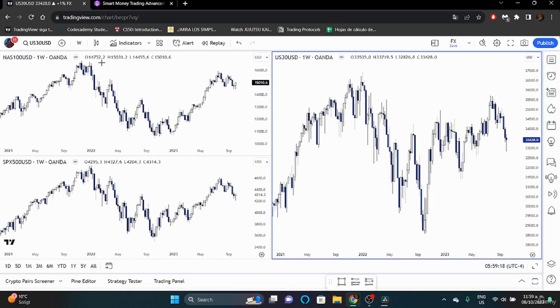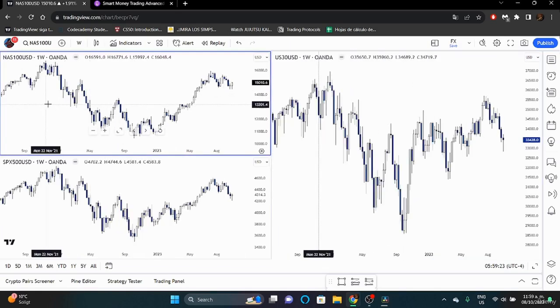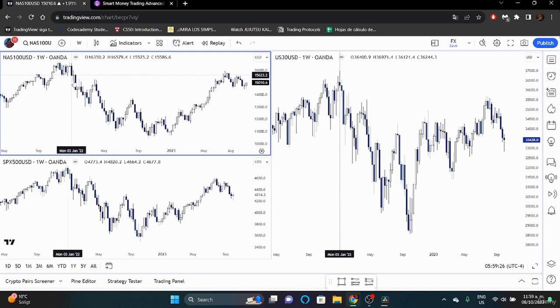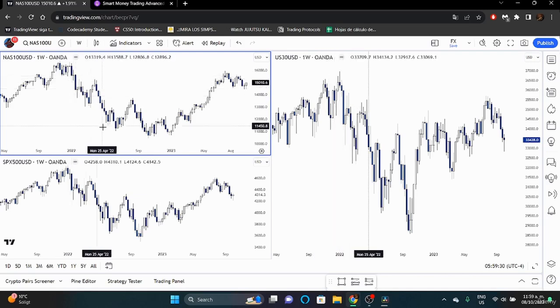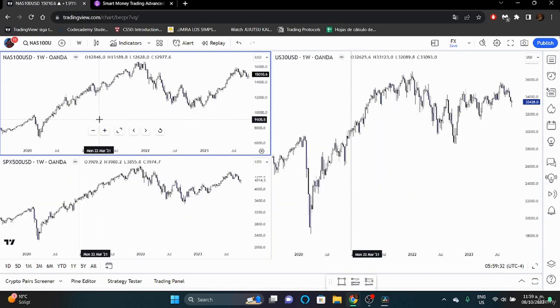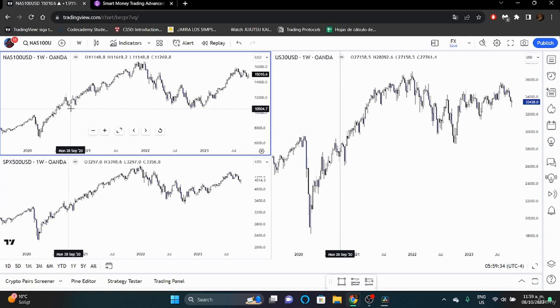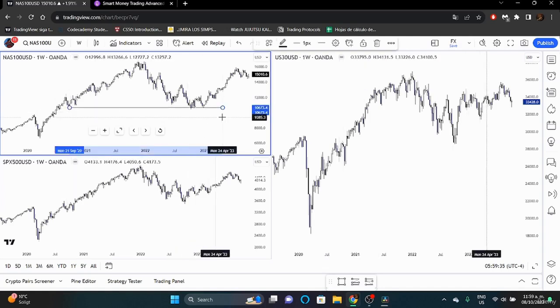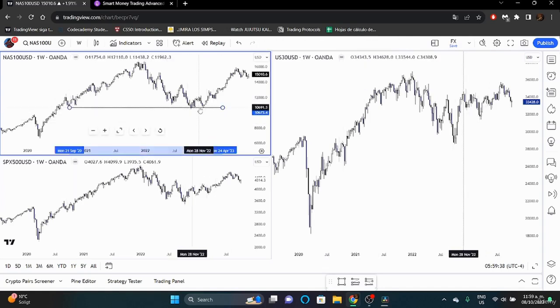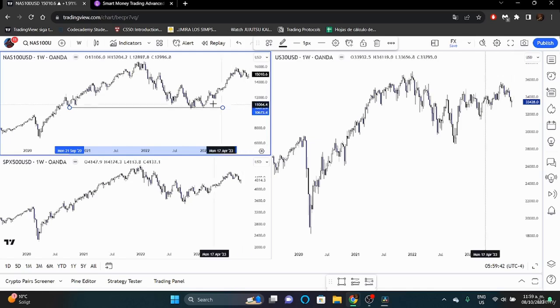So we had a divergence right here, which indicates above-highs accumulation, and we're looking for shorts, specifically on Nasdaq. Anytime we get a displacement, fair value gap, we enter short. Where's our target? On these lows right here that had the liquidity, which eventually gets tapped, and it's also a nice round number, which is 10,000.